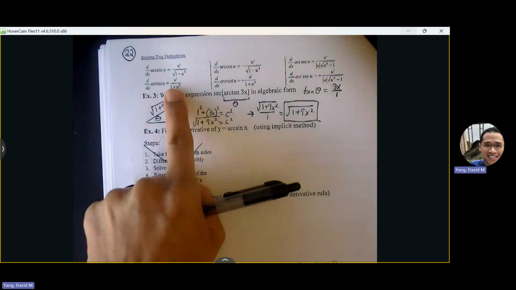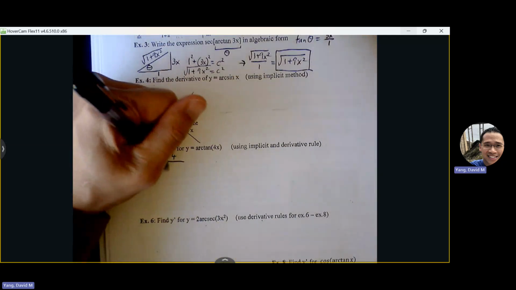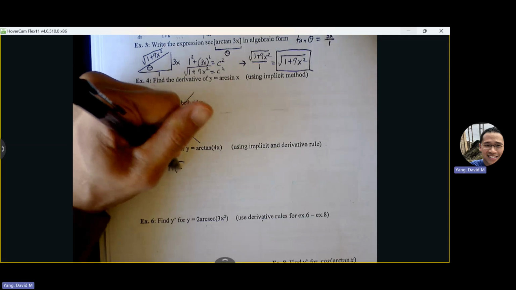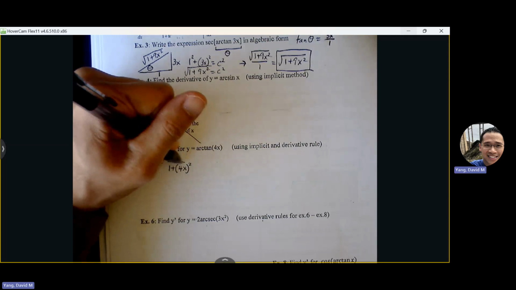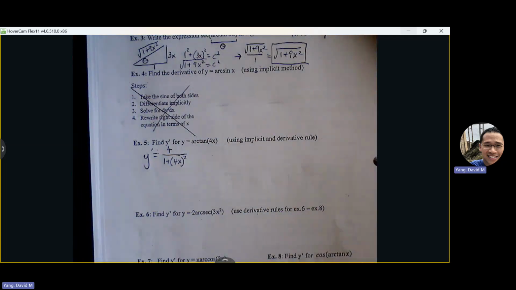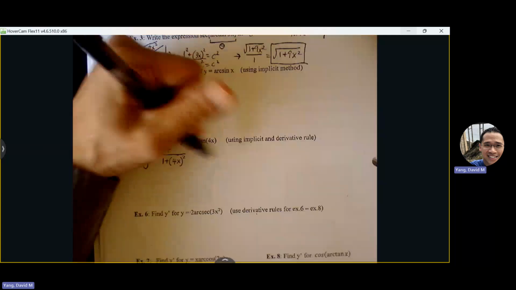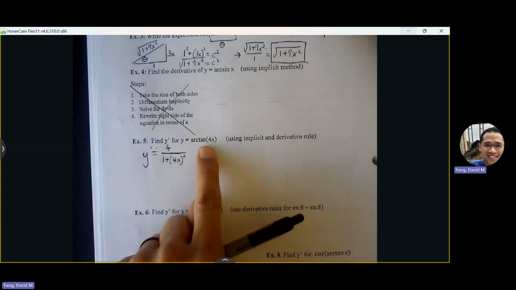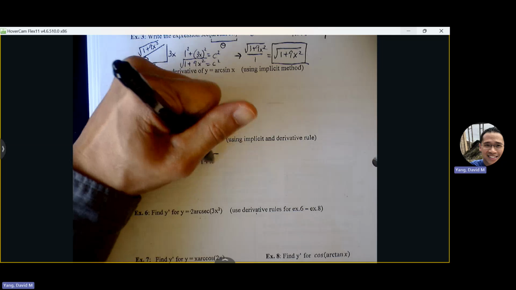So y prime is equal to, 4x becomes 4. That's my u prime. And then my 1 plus u squared is 1 plus, and make sure that we're squaring everything inside the u value. So not just the x gets squared, the 4 also gets squared. So our derivative slope formula for whatever this graph looks like will be spelled out by 4 over 1 plus 16x squared.